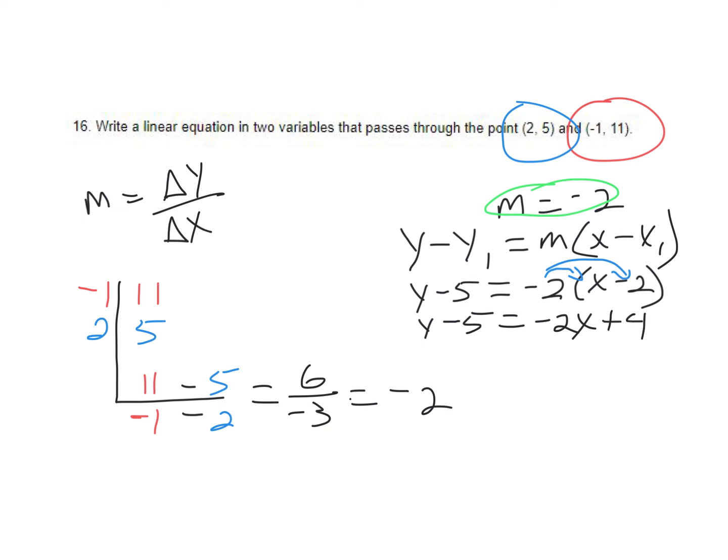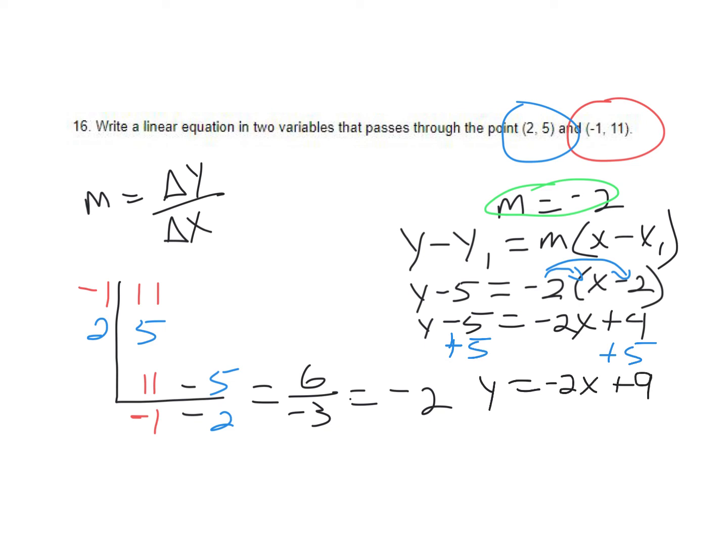Now this is an equation that we can put in y equals mx plus b form if we solve for y. To get y by itself, we have to get rid of this minus 5, which we would do by adding 5 to the left side. So we also add 5 to the right side. And now you'll see that we have y equals negative 2x, and then 4 plus 5 is 9.